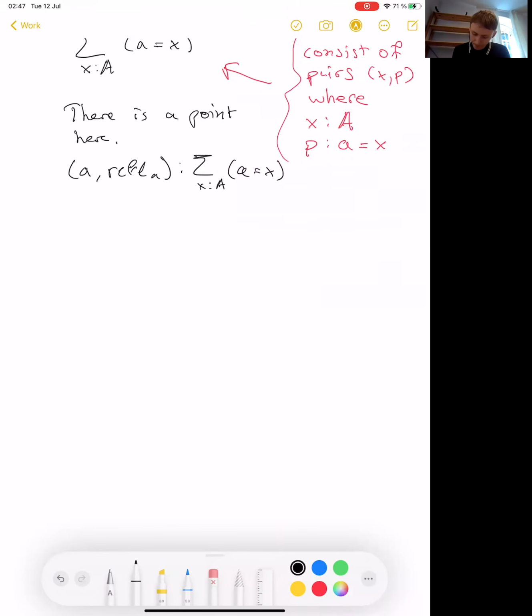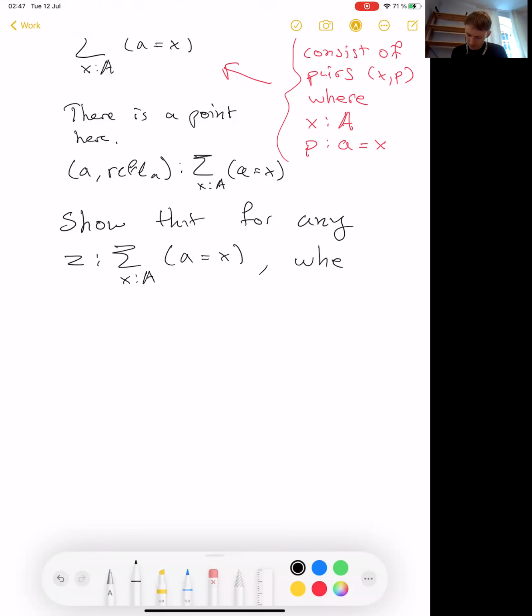So here's the problem. Show that for any other point Z of this type, we have that A comma refl A equals Z. So this type not only has a point, but what we're trying to prove is that it has a unique point.